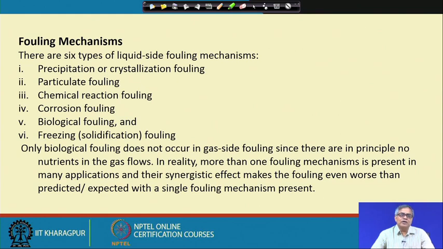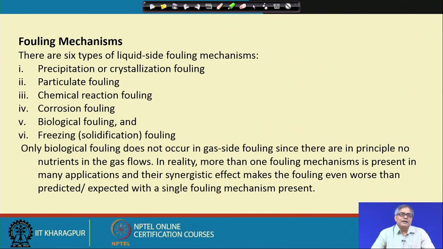In reality, more than one fouling mechanism is present in many applications. As we have told, one need not think that fouling will be there in a typical case only for a particular reason. There could be several reasons and several types of fouling taking place simultaneously.